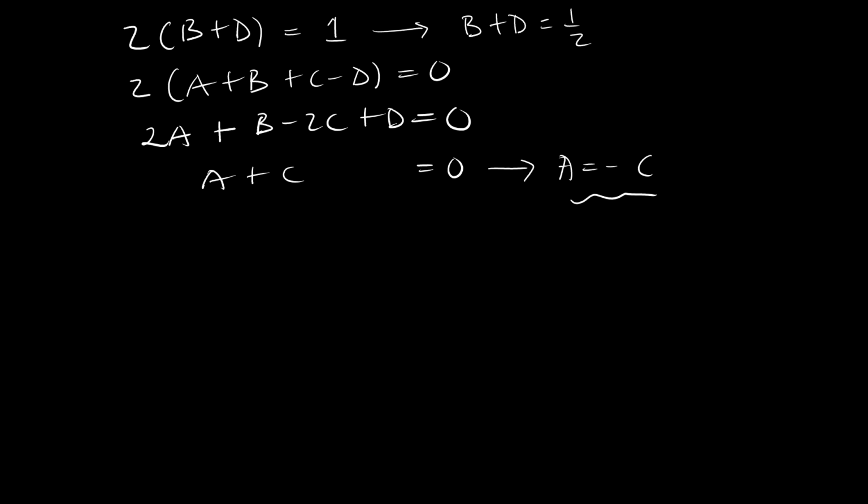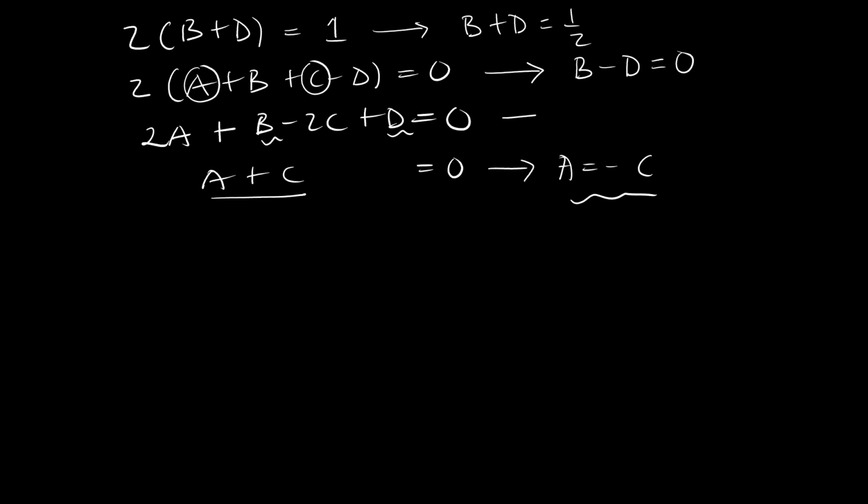And when that is the case, since this and this is equal to 0 from here, then it means that b minus d equals 0, right? And then what else do we see? Because we also see b plus d here, which is equal to 1/2.